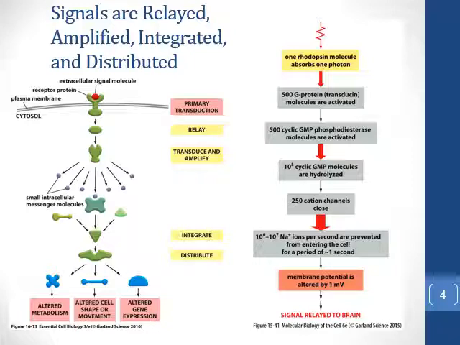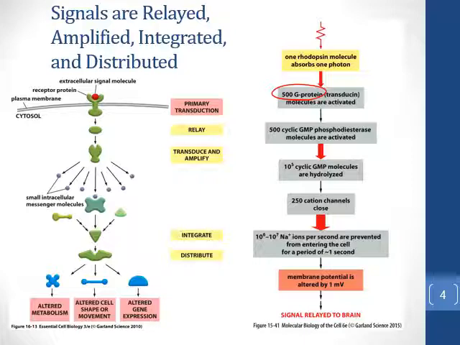Well, that one rhodopsin molecule, which absorbs one photon of light, activates 500 G proteins. Now, we'll talk about G proteins later on, but the point is we're activating 500 G proteins, not just one. From that, we're going to make 500 cyclic GMP phosphodiesterase molecules activated.